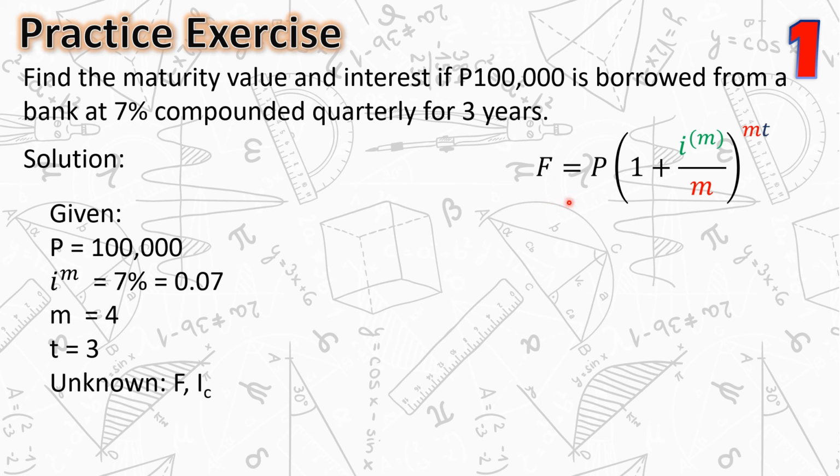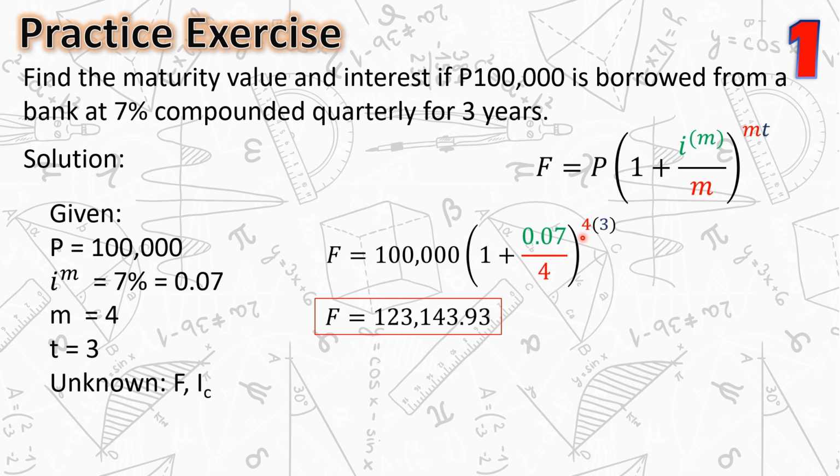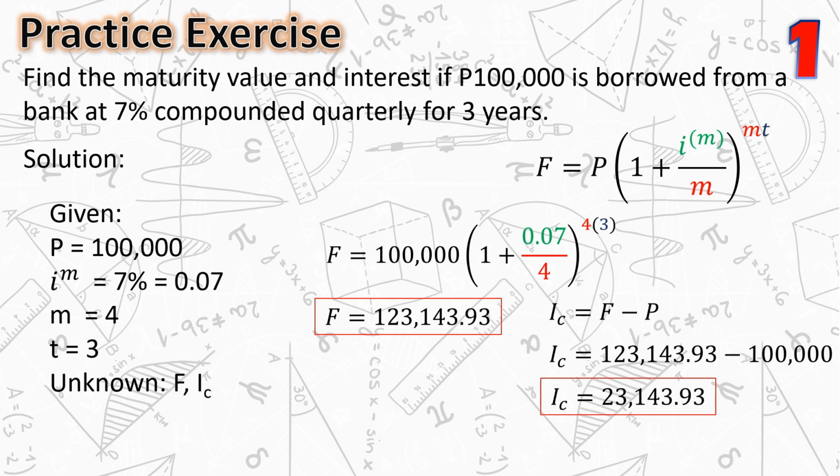Substituting the values for the formula, we have 100,000 times the quantity 1 plus 0.07 divided by 4 quantity raised to 4 times 3. And that will be 123,143 pesos and 93 centavos. For the compound interest, we subtract 100,000 pesos from the future value. That will be 23,143.93.